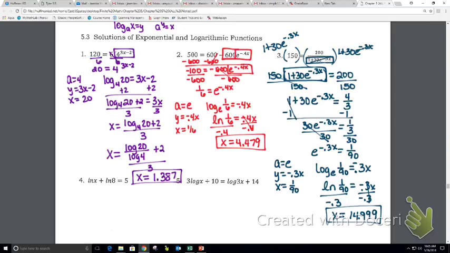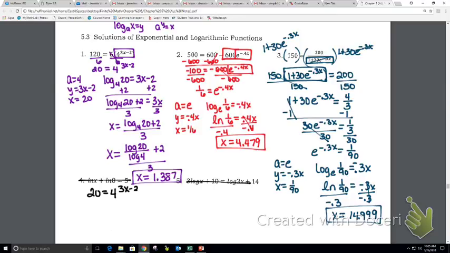Now, another way you could do this, and it works on any of these. I'll actually show you with all three of them. When we got up here on this first one, it's up to you which way you work it. I'm not doing 4 or 5 here, so I'm going to mark them out for a second. Y'all don't mark yours out. We're going to do them. On this first one, when we got to 20 equals 4 raised to the 3x minus 2, we could log both sides with the base of the exponential part.